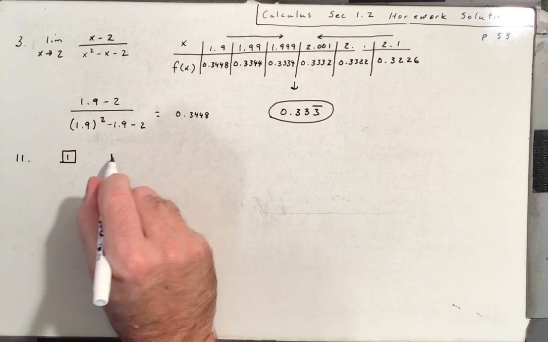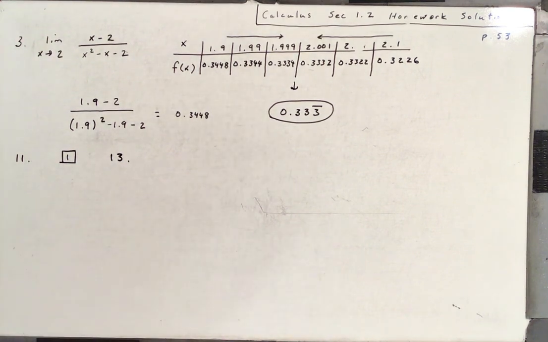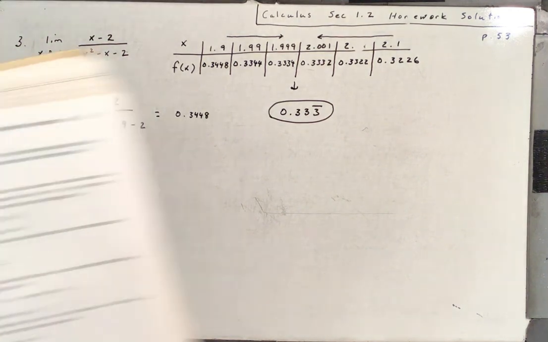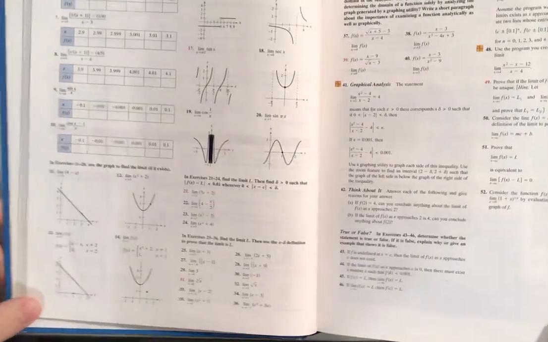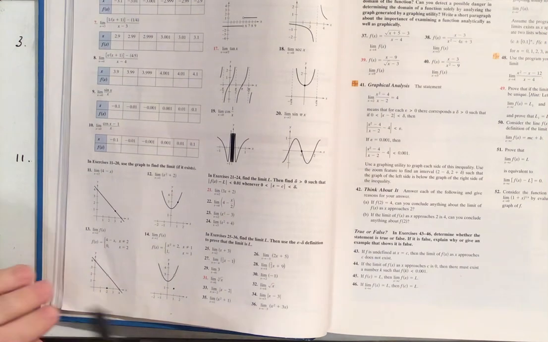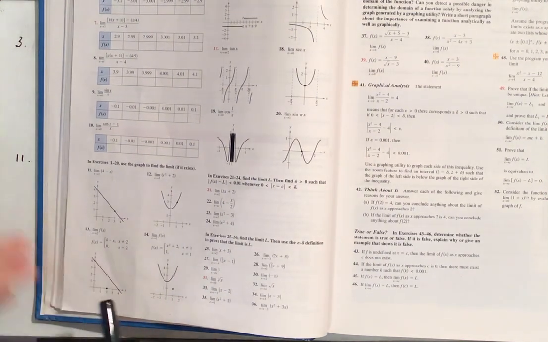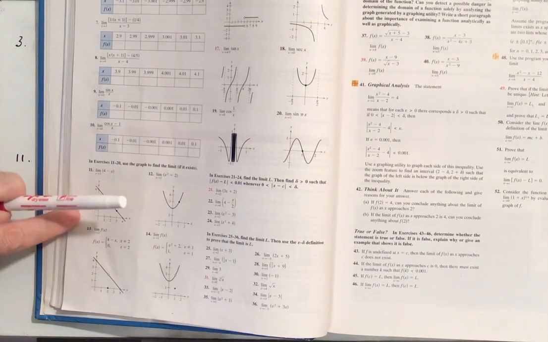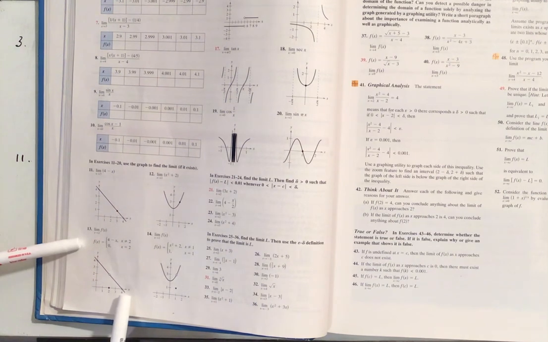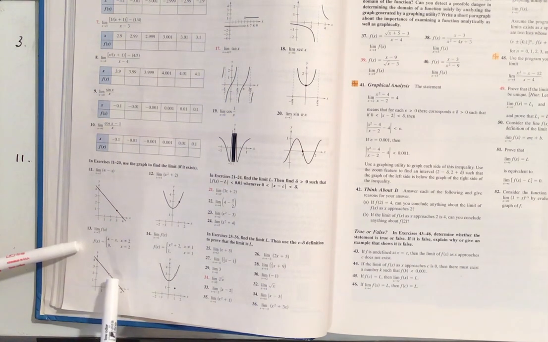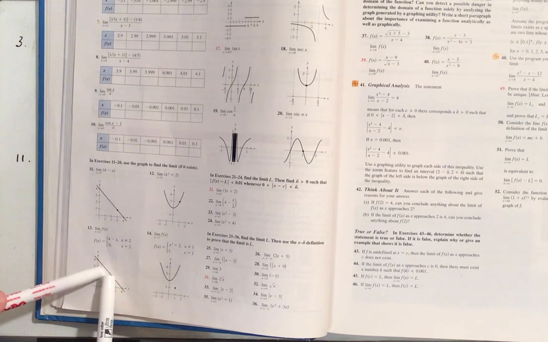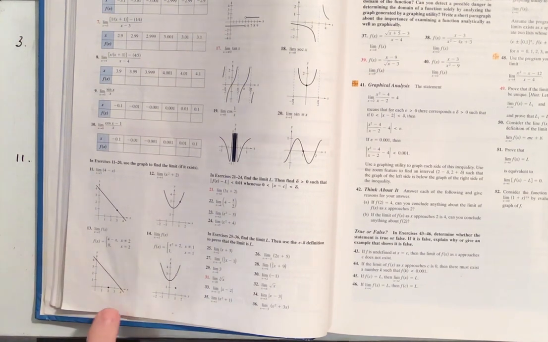All right, number 13. Let's look at that graph. As x approaches 2, we have a piecewise function here, but we're just going to trace from the right and from the left as we get close to x equals 2.